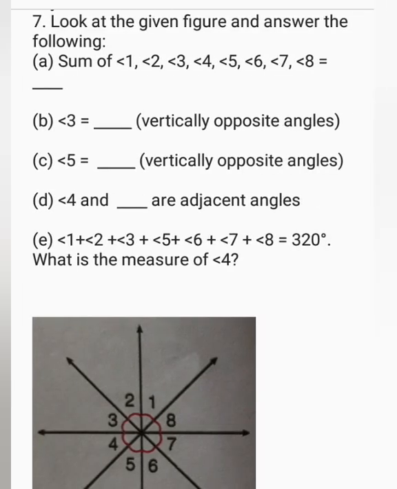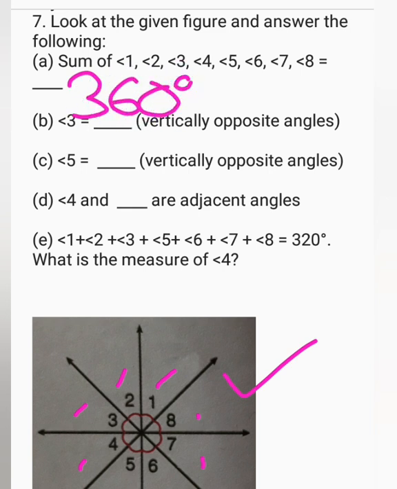Now the next question. Look at the given figure. Answer the following. The sum of angle 1, angle 2, angle 3, angle 4, angle 5, angle 6, angle 7 and angle 8 will be 360 degree.